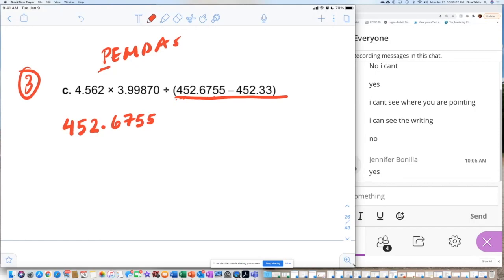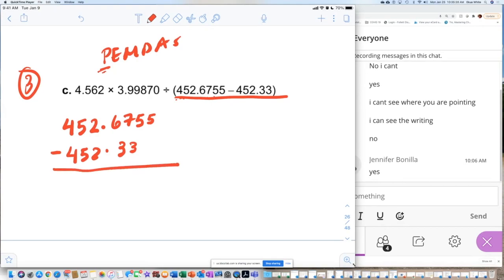Let me adjust the height of my table a little bit. 452.6755 minus, let me put a decimal right here, 33452. Okay, I'm starting with the parentheses first based on PEMDAS.